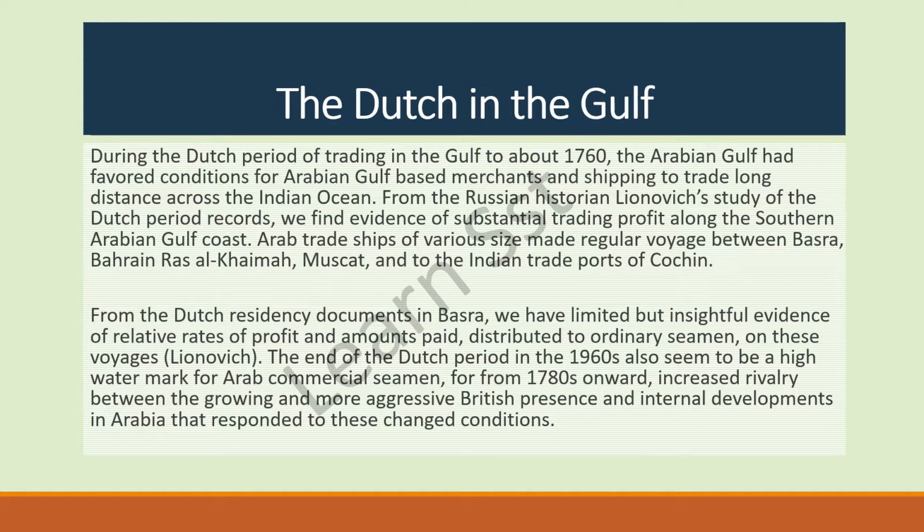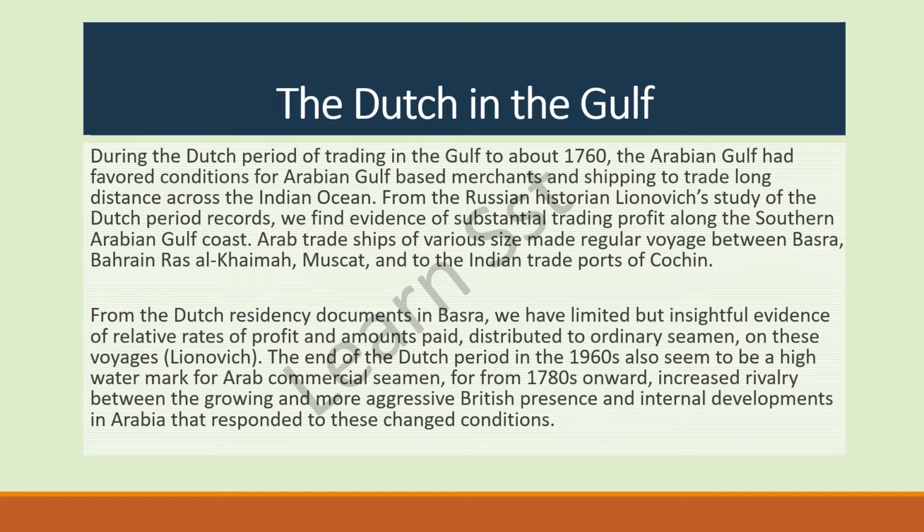From the Russian historian Lionovich's study of the Dutch period records, we find good proof of substantial trading profit along the southern Arabian Gulf coast. That fetched them a good price, gave them good returns. That's the reason you find the Dutch also showing their interest in this particular region.